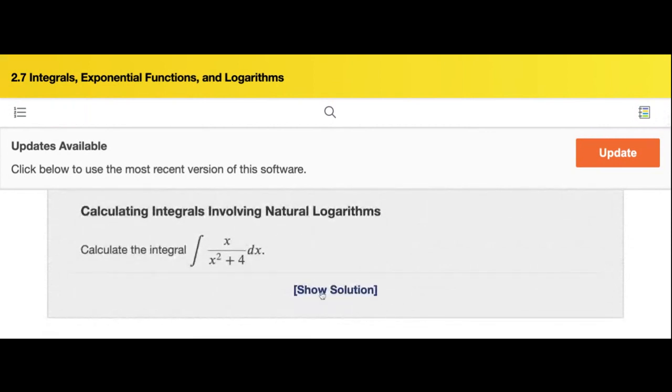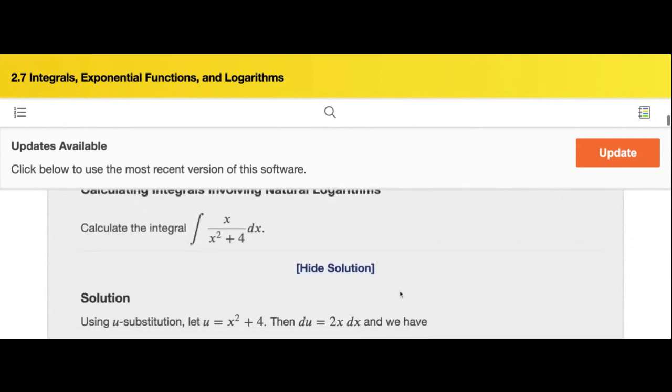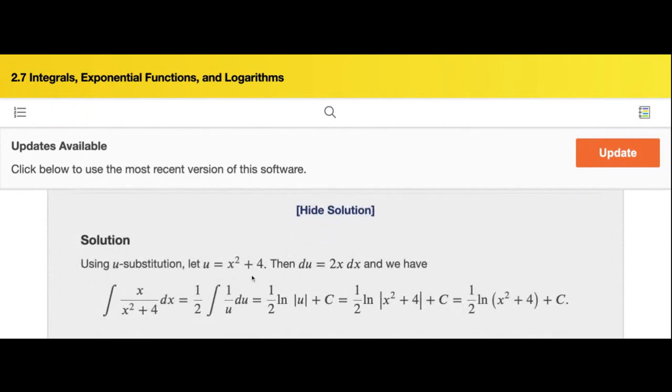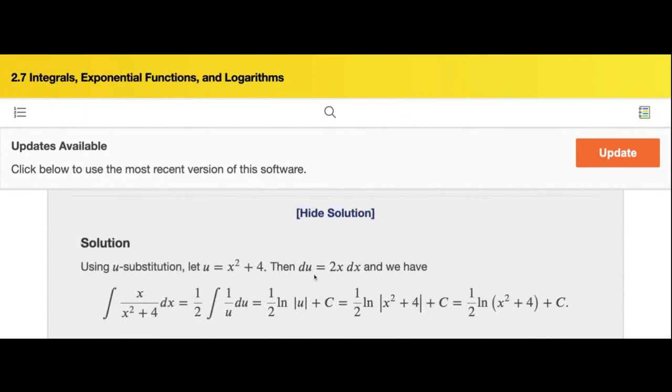So let's see this one. We can use u substitution. So we let u be x squared plus 4. Then du equals 2x dx, so x dx equals half of du. So we just get a half of 1 over u. Now 1 over u, we know the antiderivative, we just get ln absolute value of u.